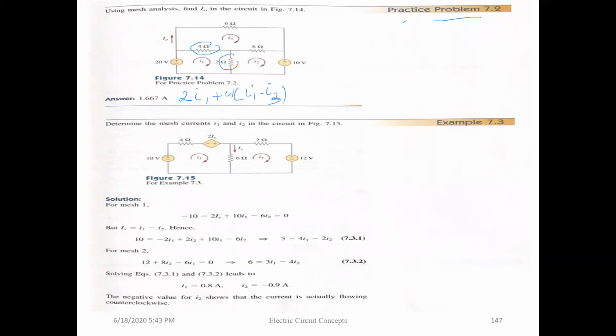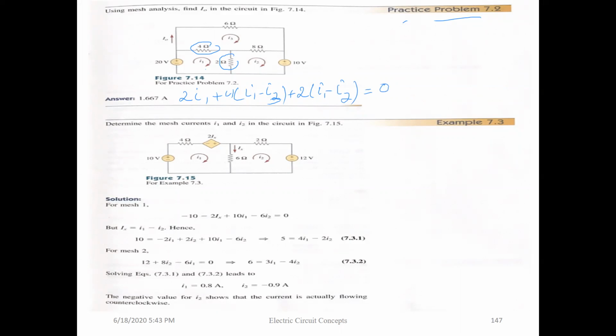And then the same thing for the common 2 ohm resistor between mesh 1 and mesh 2, so it will be 2 multiplied by I1 minus I2, because I'm applying KVL around loop number 1, equals to 0.